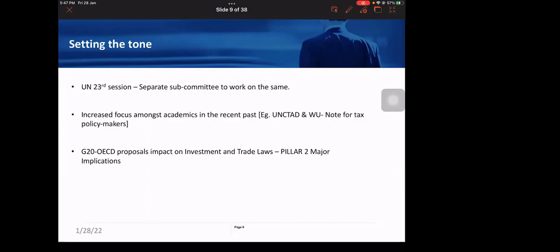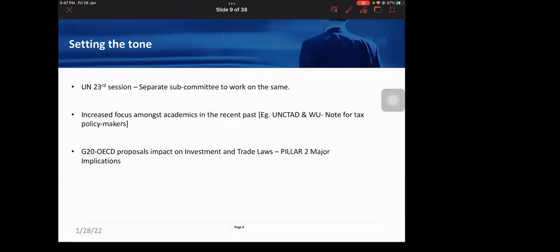Incidentally, as we speak, as much as a lot of activities are happening in the international tax world, which Navneet mentioned as part of Pillar 1, Pillar 2, BEPS, MLI, and various aspects, the international investment agreement space, or the international investment law space, is also going through quite a lot of changes, and that initiative is by the UN.